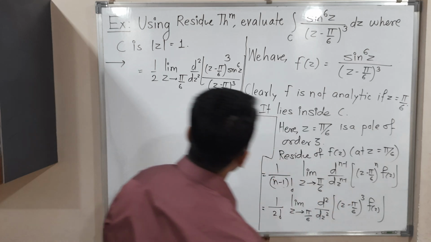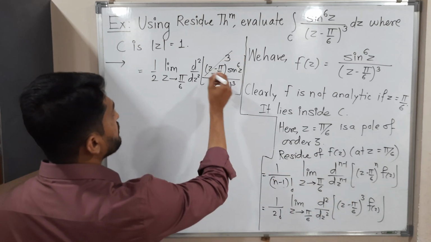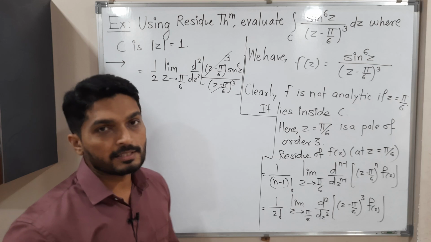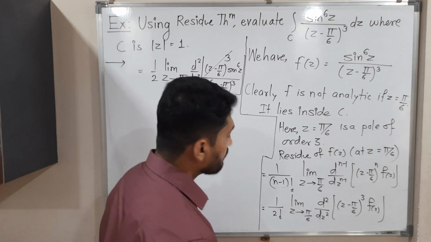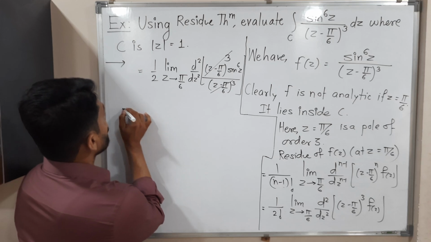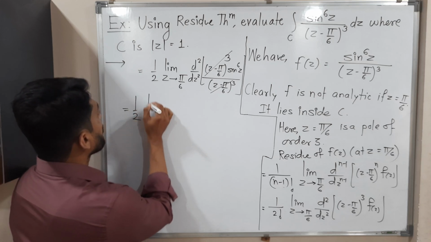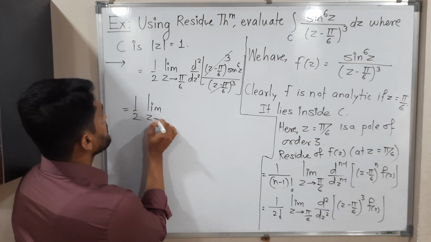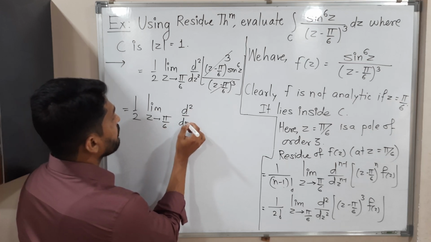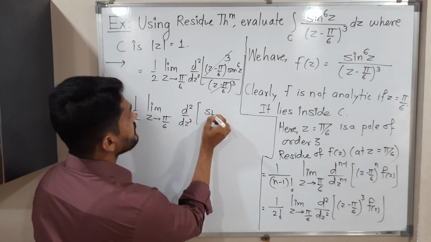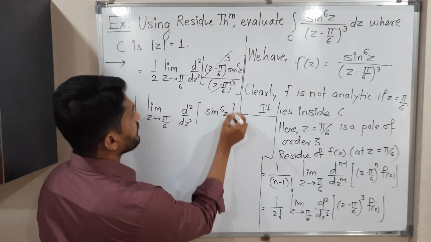So now we can easily cancel z minus pi by 6 cube with z minus pi by 6 cube. Those brackets will cancel each other and we will have simply sin raised to 6z. So let me write 1 by 2 limit z tends to pi by 6, double derivative of what we have inside the bracket, sin raised to 6z.